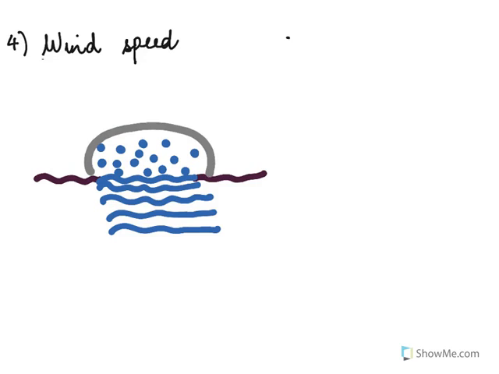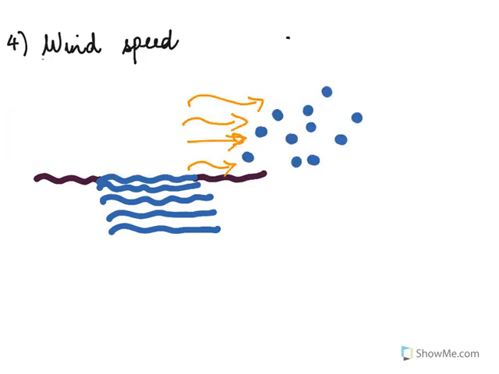But suppose now there is a wind that begins to blow. So what will the wind do? The wind will push the water vapor away. Have you seen, the wind has pushed the water vapor away, which means now more water molecules can enter into this area.